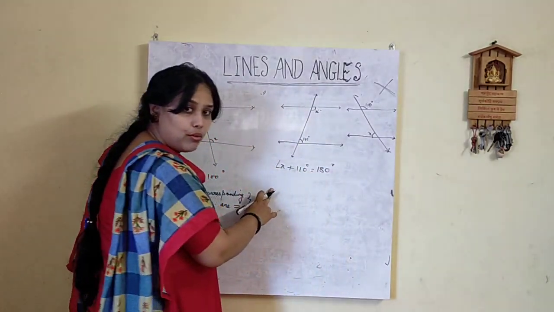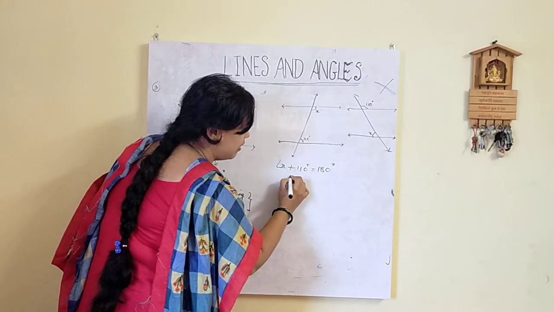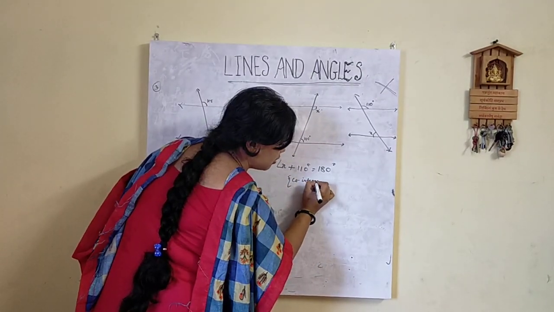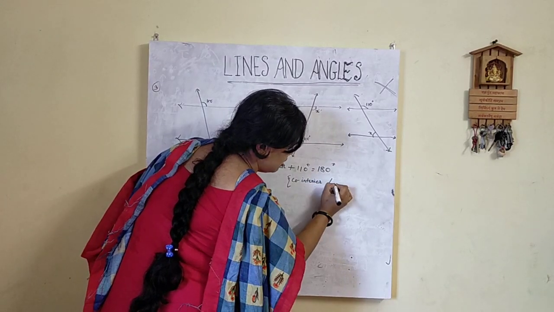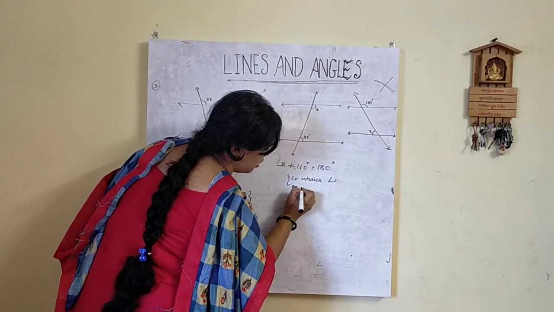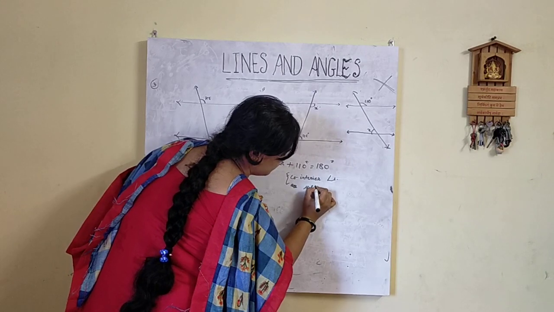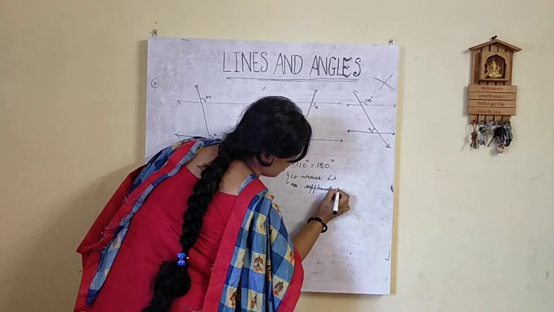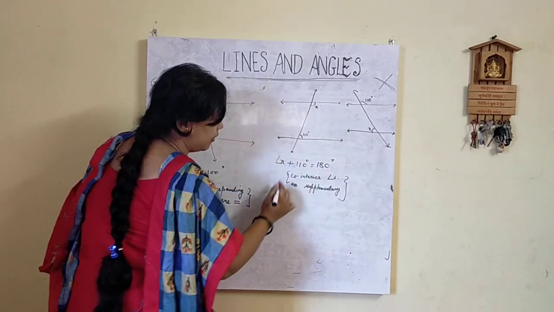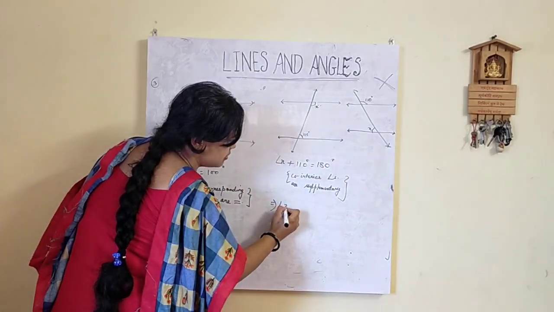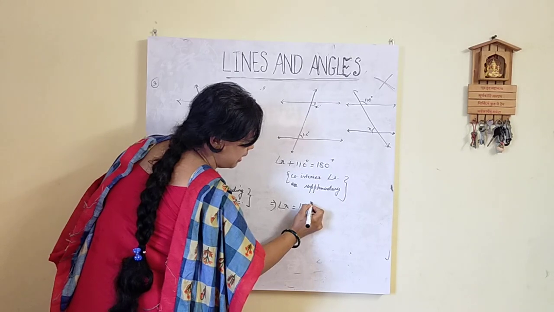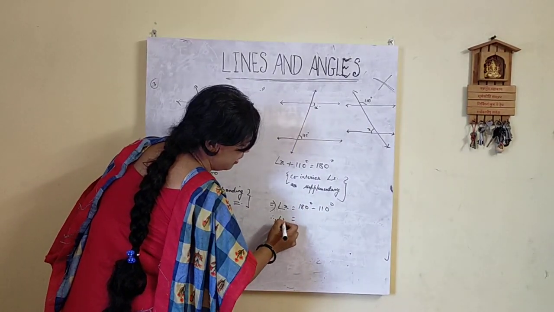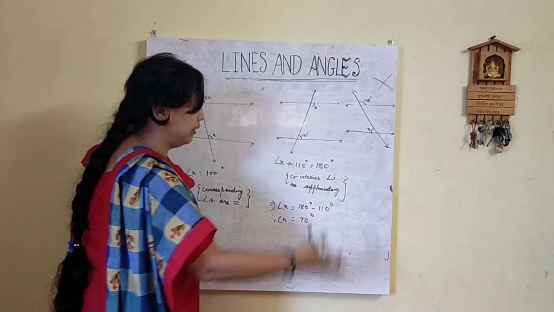And the reason we write within curly brackets: co-interior angles are supplementary. And thus you solve: angle x is equal to 180 degrees minus 110 degrees. Therefore, you can simply write angle x is equal to 70 degrees and you get the answer.